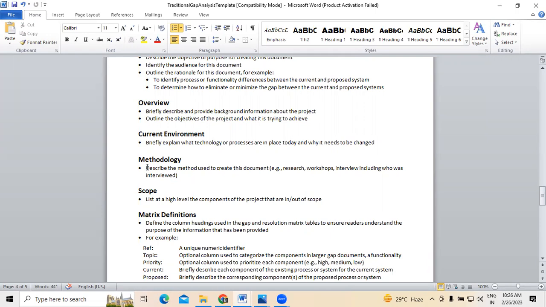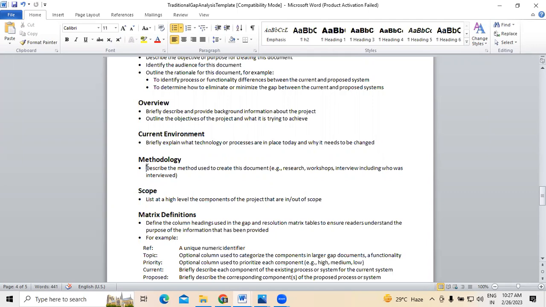Those points will be taken into account here, because the documented evidence and information prepared by the scribe, of course, Miss Sophia played that role, will also be taken into account here. At the same time, there will be some one-on-one interviews with some people. So these are all the methodologies, the research methodology, I can say.